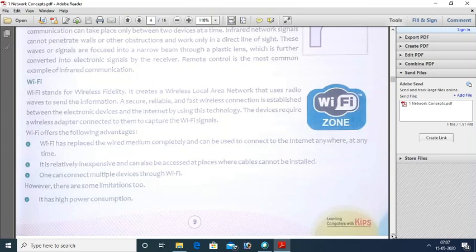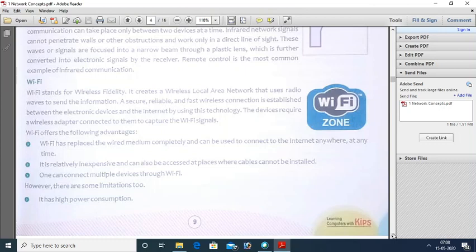Wi-Fi offers the following advantages. Wi-Fi has replaced wired mediums completely and can be used to connect to the internet anywhere at any time. It is relatively inexpensive, can also be accessed at places where cable cannot be installed, and one can connect multiple devices through Wi-Fi.